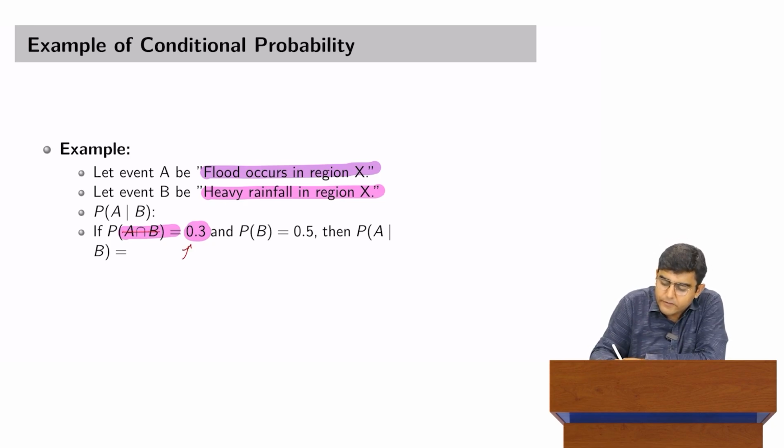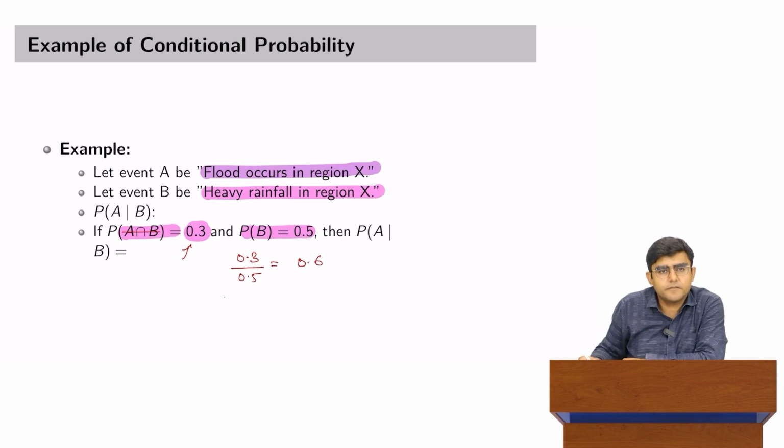Probability of heavy rainfall is given to be 0.5. Then I can estimate probability of A given B as 0.3 divided by 0.5, and this comes out to be 0.6, as simple as that.